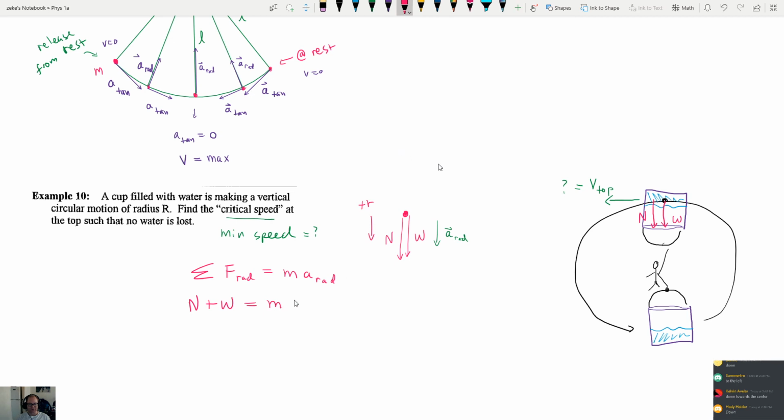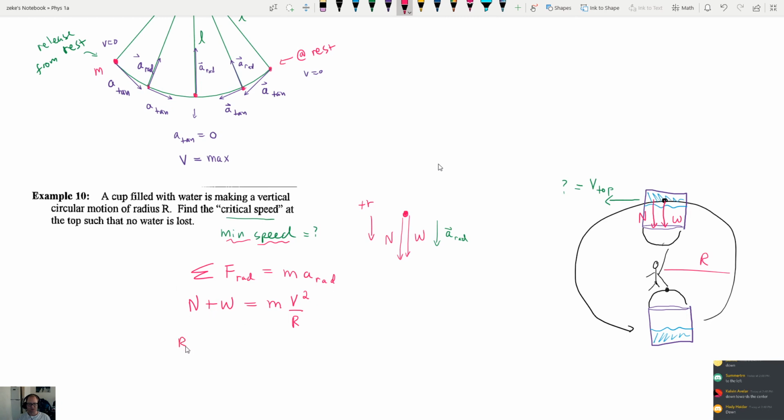Remember that, as I said above, the radial acceleration is equal to the velocity of the object squared, divided by the radius of the path, which I haven't defined here, but let's call our circle to have a radius of r. Now our goal here is to figure out the minimum speed. In order to do that, we can rearrange this equation.